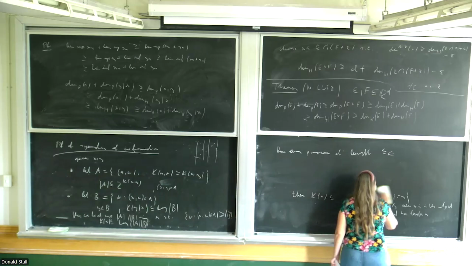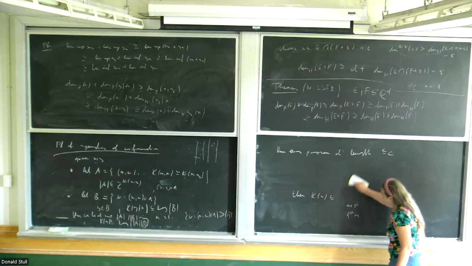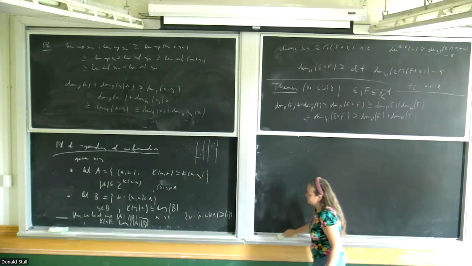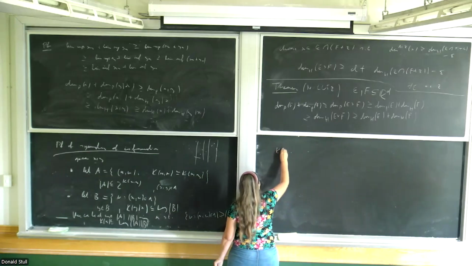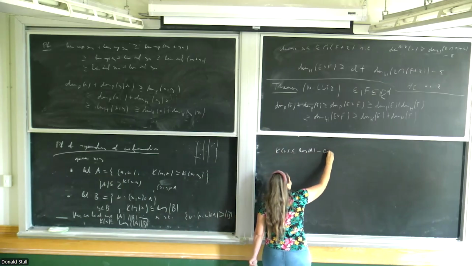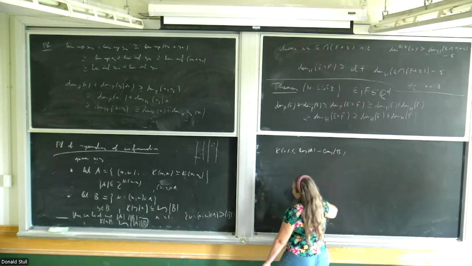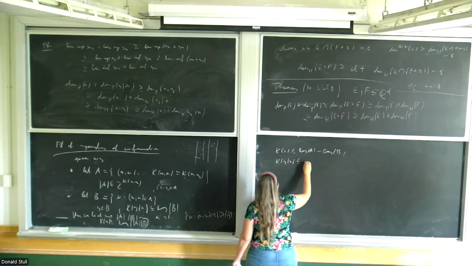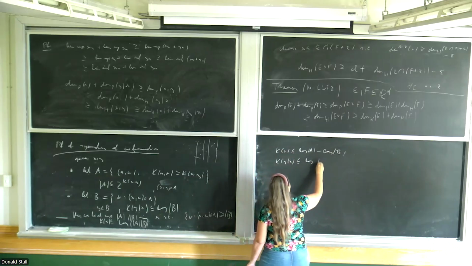Let me write this down. I just copy the same formula. So K of X is bounded by log A minus log B. K of Y given X is bounded by log B.